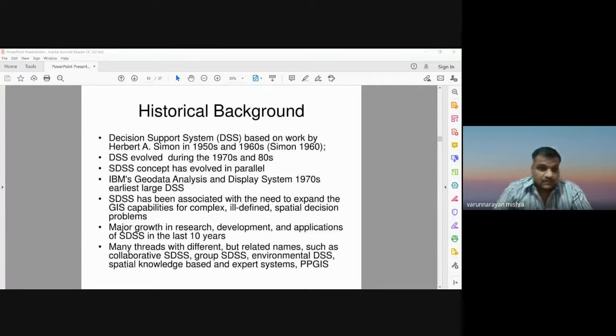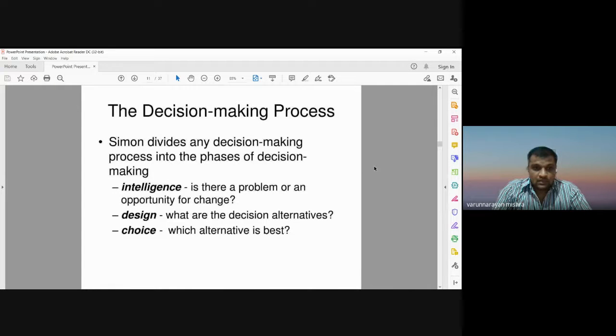These are some synonyms that can be used for the spatial decision support system. Some new words came into the scenario that can be used in place of spatial decision support system.